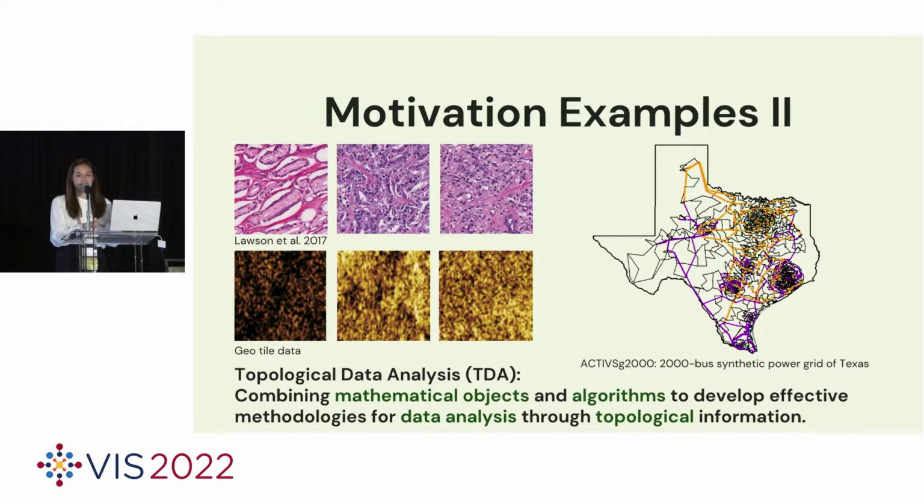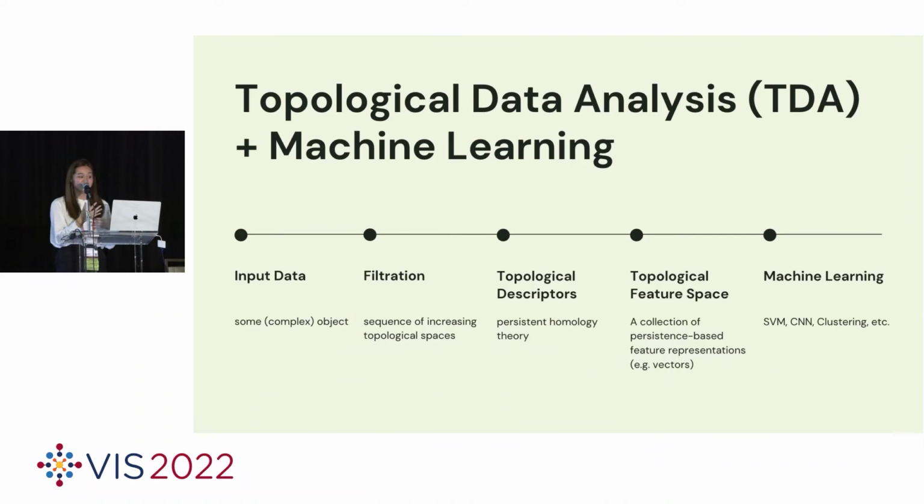Here, topological data analysis and machine learning are combined in order to do two things. One is to be able to do data analysis for large complex data sets by using TDA to do data abstraction. And second, we also want to utilize such features in a machine learning pipeline.